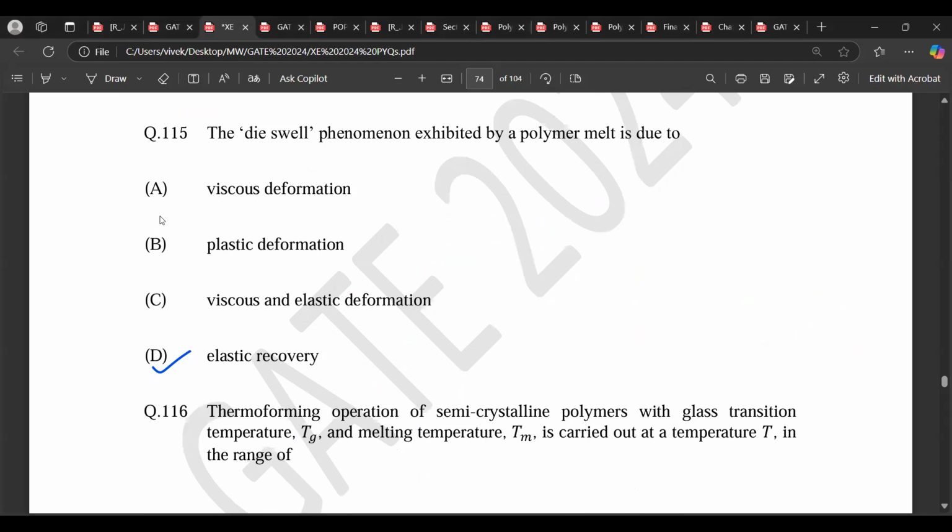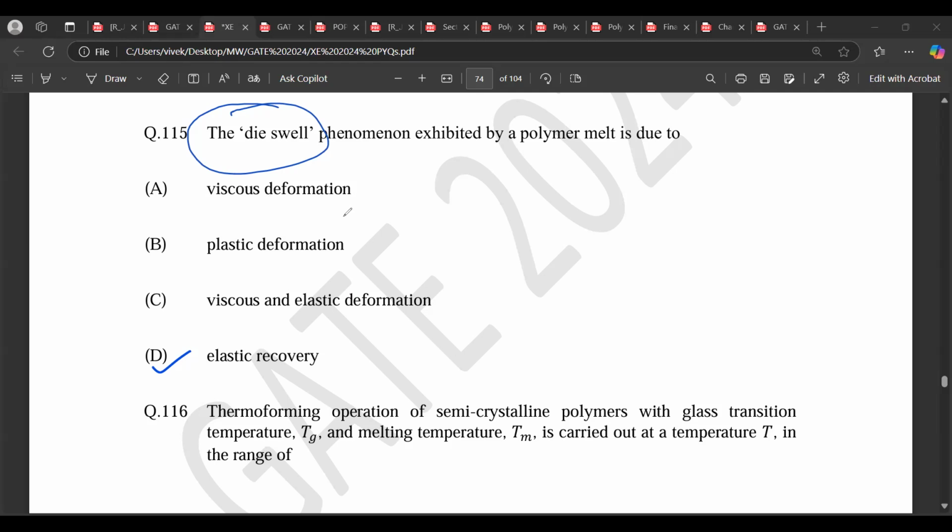Now the die swell phenomenon. It's actually a definition. We assume there is no die swell when we calculate the blow up ratio, when we calculate the output from the extruder die, or the output from the injection unit, from the molds section or different zones in the molds.